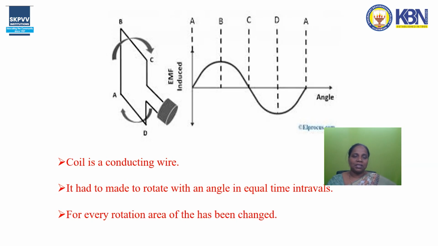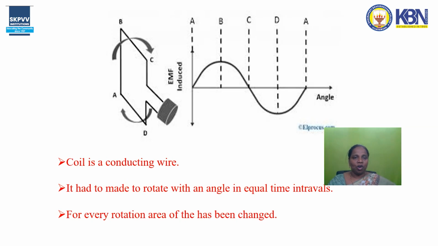The graph represents the rotation of the armature. Here the armature rotates every 90 degrees. Due to that rotation, the area of the coil changes. That changes the magnetic flux through the coil, and that continuous change in the flux develops the electromotive force of the coil.